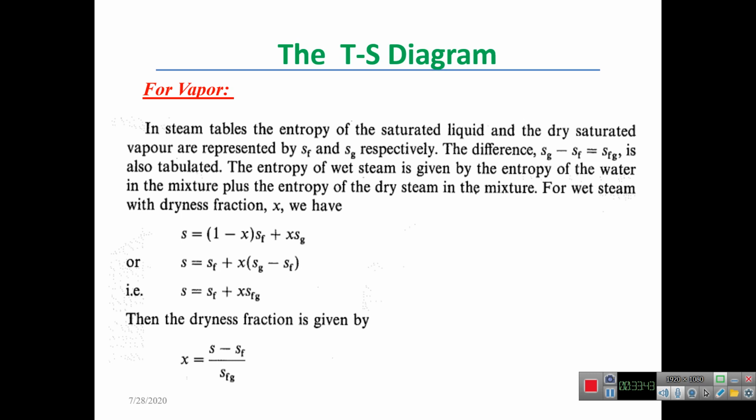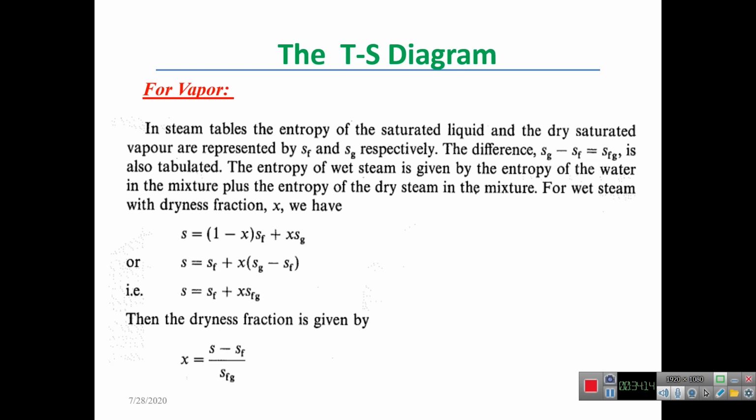Now, for the entropy, the difference Sg minus Sf, that is the entropy of the saturated vapor minus the entropy of the saturated liquid, is written as Sfg. So when you go to tables of properties and you find the symbol Sfg, this means the difference between the entropy at point G, that is the saturated vapor, and the entropy at F, that is the saturated liquid.